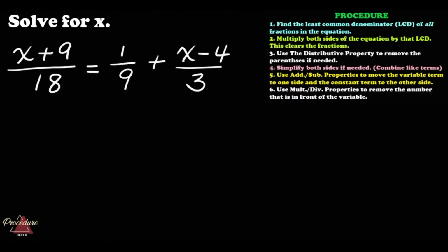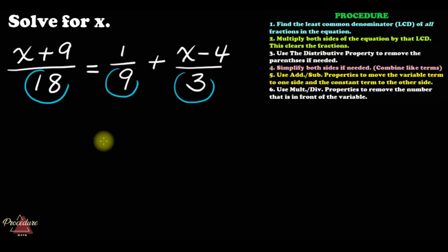Okay, let's take a look at another one. Solve for x. We have to find out what x is, and we have a procedure of how to do it. We're going to follow the procedure step by step. The first thing we have to do is find the least common denominator, the LCD, for all fractions in the equation. Your denominators are an 18, a 9, and a 3.